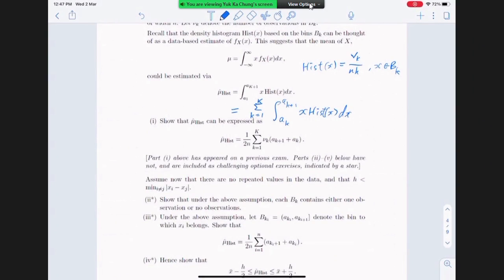The whole integral can be partitioned into the integral from a1 to a2, and then another integral from a2 to a3, another integral from a3 to a4, and so on, and then we add them up together. Now, after you express this in this form, we know how to write down this histogram. Because within this range is the class Bk, so this time the histogram of x will be equal to this.